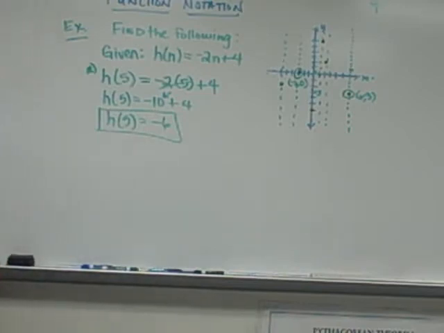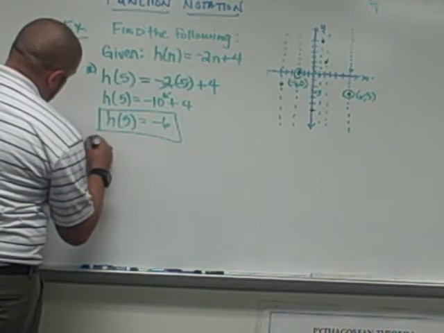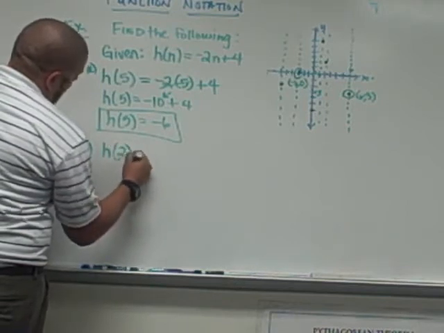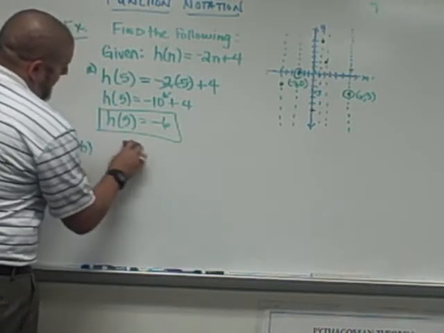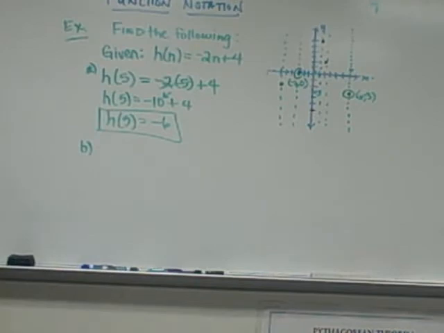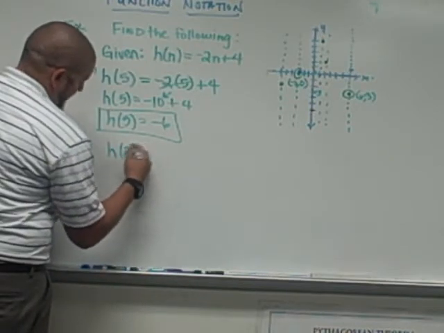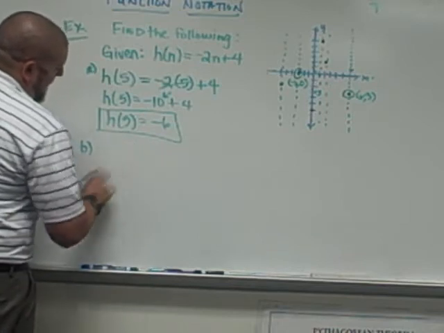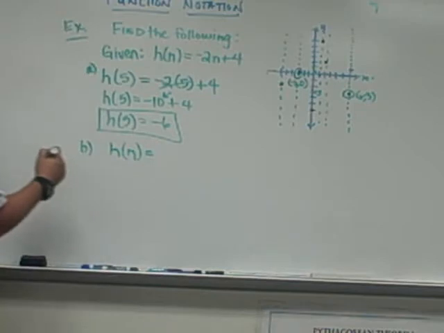Let's look at another example, same one. What if I had h of n is equal to negative 2?